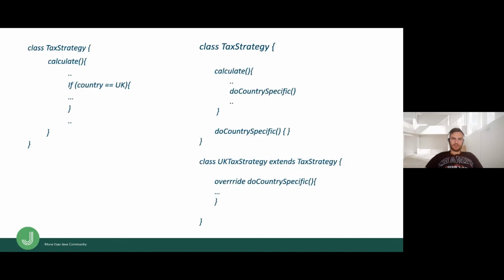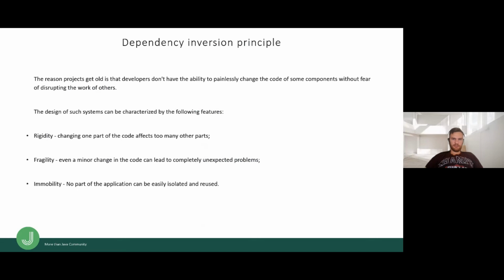So that was the last principle, the dependency inversion principle. I previously mentioned the low coupling, high cohesion principles, which are not from SOLID, they are from GRASP, general responsibility assignment software principles.